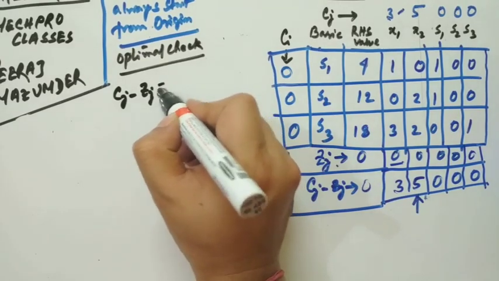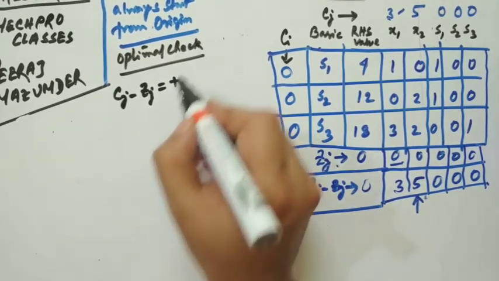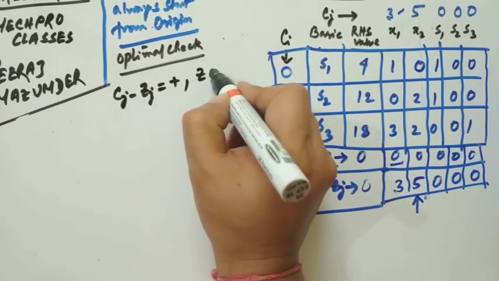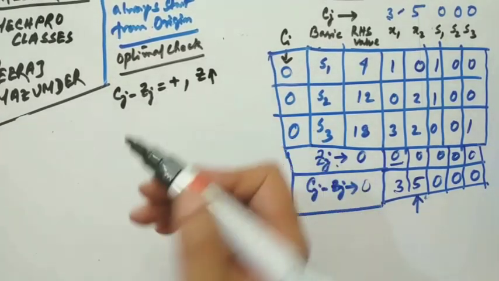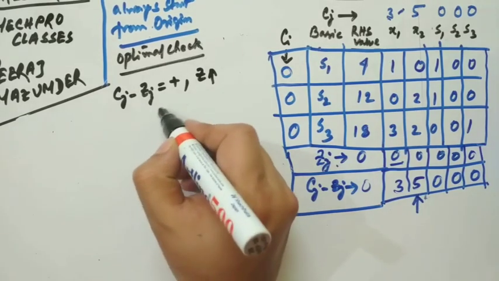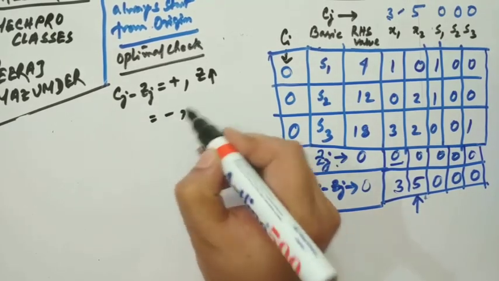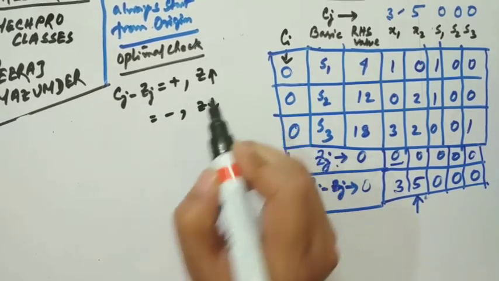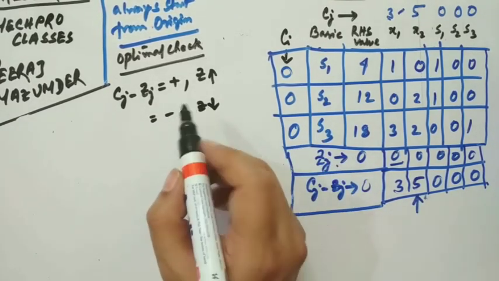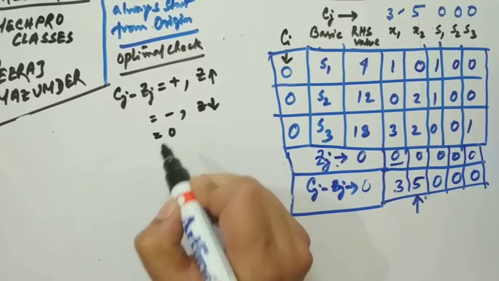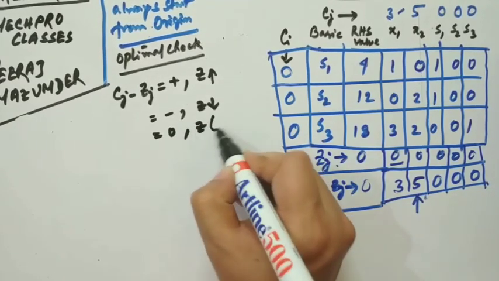If it gives a positive value, that means Z can have a greater or more optimal value. But if it is coming negative, that means the Z value will decrease from now on. Okay, so that means it is optimal now. In case it comes 0, that means Z will remain constant.